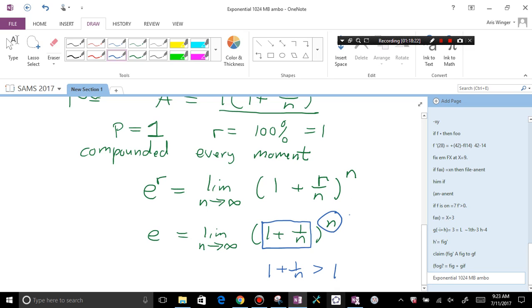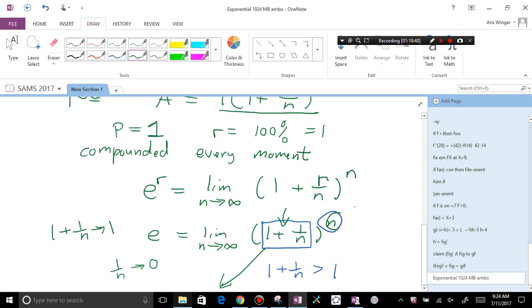That should be infinite. Well, wait. What does 1 over n go to? 0. So 1 plus 1 over n goes to 1. Well, this thing's going to 1, and I've got 1 to the infinity, that's 1.